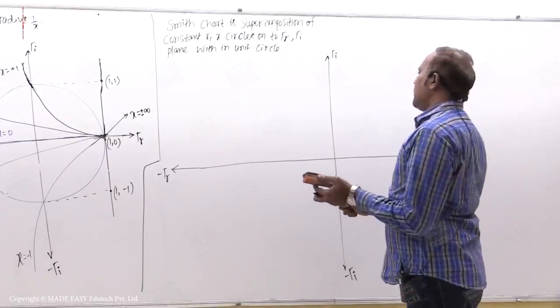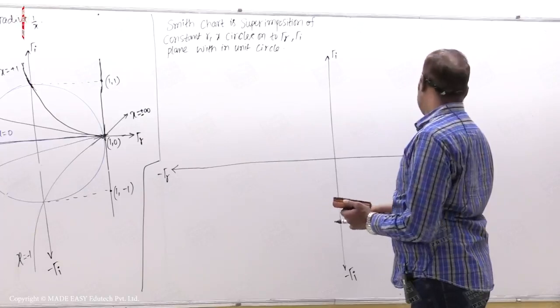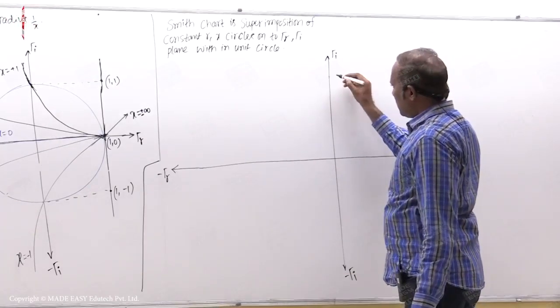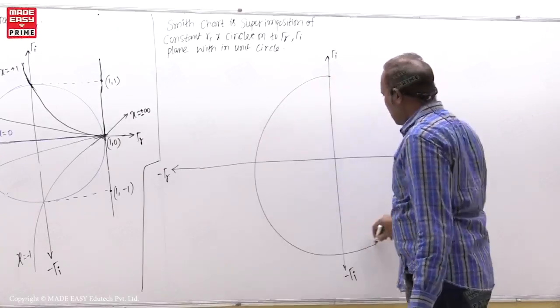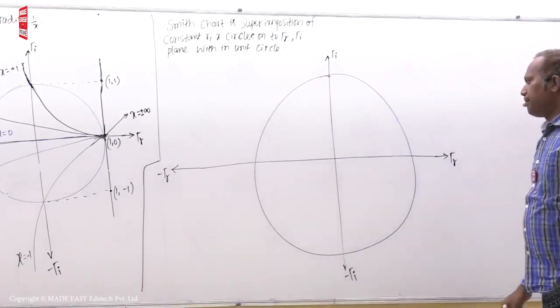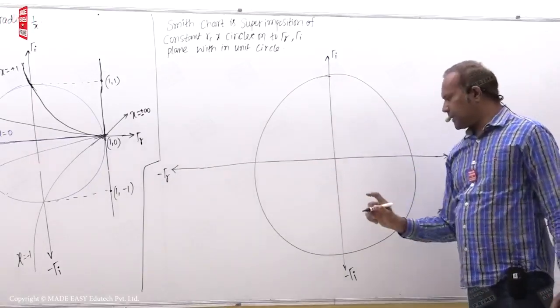You take the unity circle. That is the unity circle. This side 1 radius, here also 1 radius, 1 radius, 1 radius.